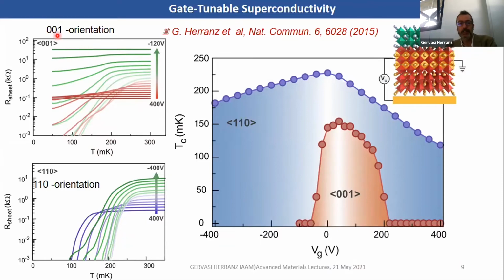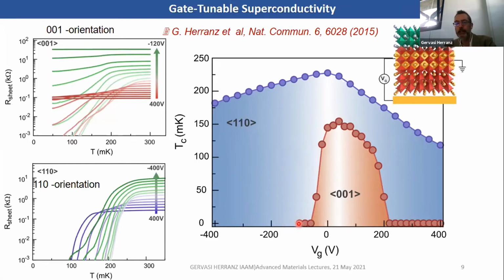But in the 001 orientation, when you increase more and more the voltage, so when you are filling the quantum well with more and more electrons, finally you kill the superconductivity again. So there is a kind of dome, which is seen in many superconductors, by the way.